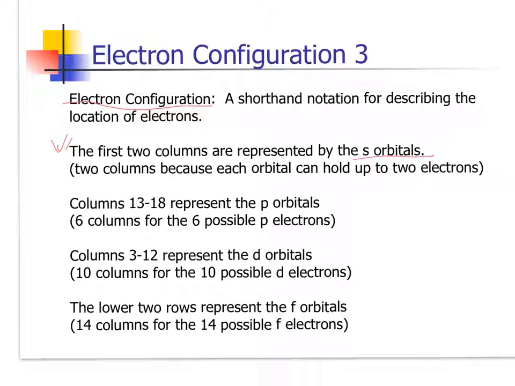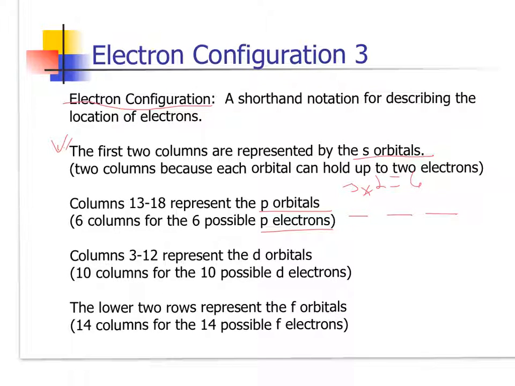Columns 13 through 18, that would be boron through neon. They're known as the p block, because they have p orbitals in there. And p orbitals have 3 orientations, as we saw, and each orbital can hold a total of 2. That's where we get our 6, because 3 times 2 equals 6.